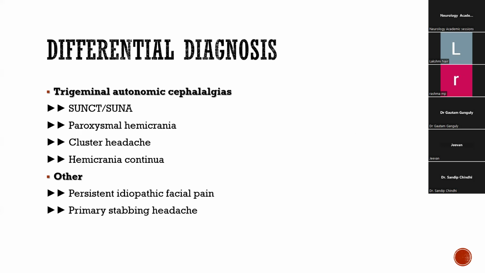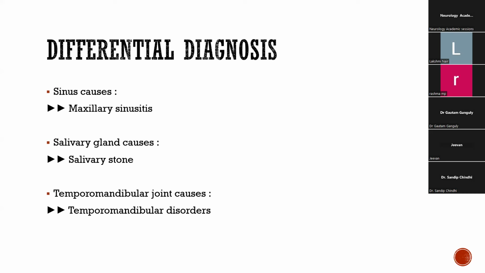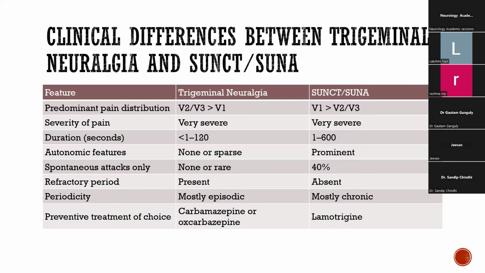And other trigeminal autonomic cephalalgias like SUNCT, SUNA, paroxysmal hemicrania, cluster headache, and hemicrania continua. Other causes include persistent idiopathic facial pain and primary stabbing headache. Maxillary sinusitis, salivary stones, and temporomandibular joint disorders also cause facial pain.